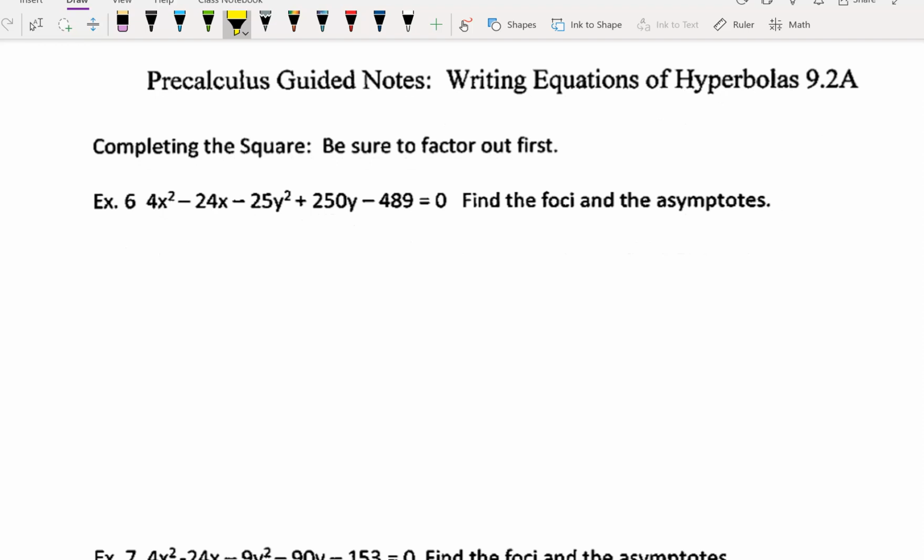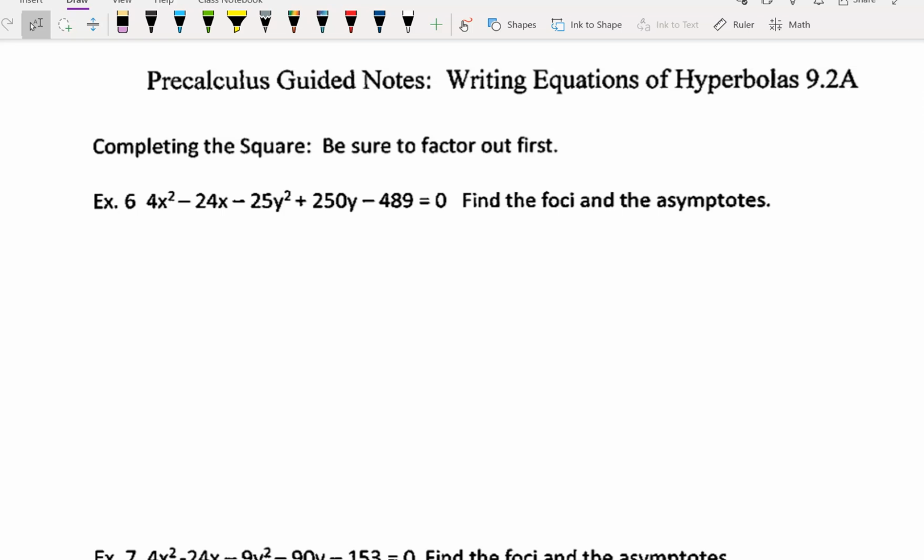All right, so now we are nearing the end. We are going to be doing some completing the square in order to find the foci and the asymptotes. So what we have here is a big, ugly equation that is not written in the form that we want it to be written in. So we have to do some algebra to rearrange this to make it into the form that we recognize.